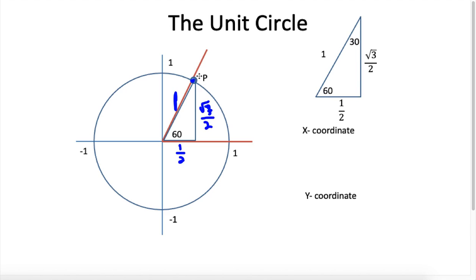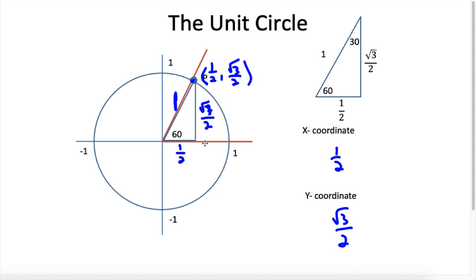So the actual coordinates of this point are 1/2, square root of 3 over 2. And yet again, that's significant because we can just say the cosine of 60 is 1/2, and the sine of 60 is square root of 3 over 2.